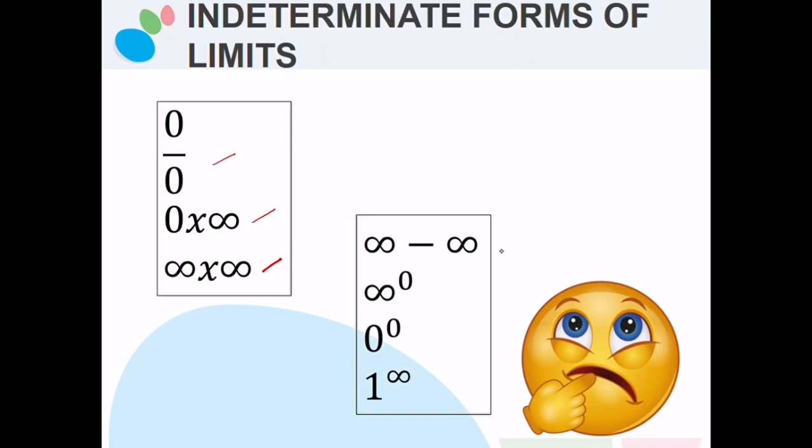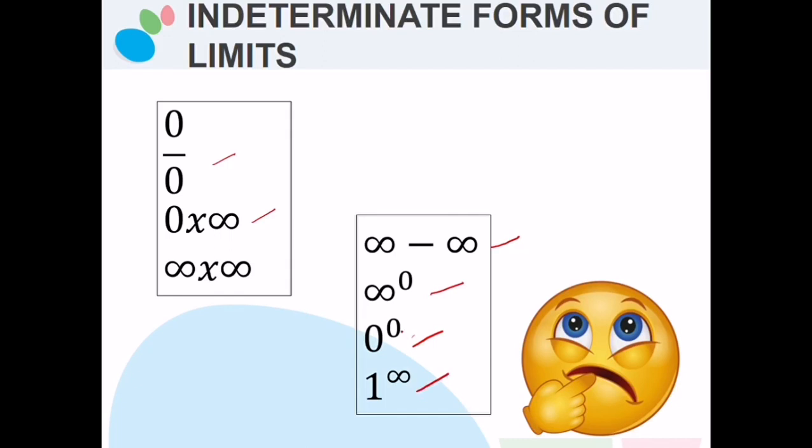Infinity minus infinity is also an indeterminate form. Infinity raised to 0 is also an indeterminate form. 0 raised to 0, an indeterminate form also. 1 raised to infinity is also an indeterminate form.